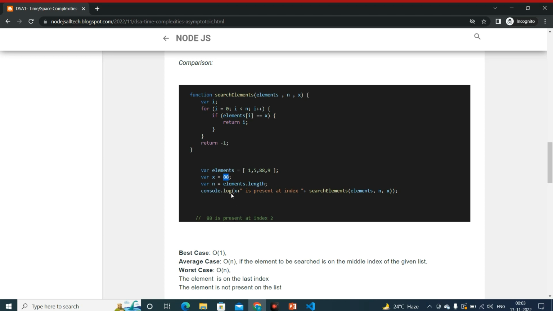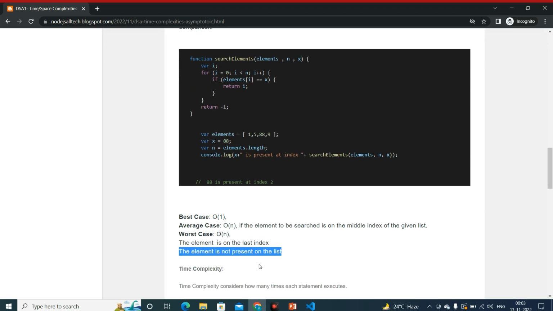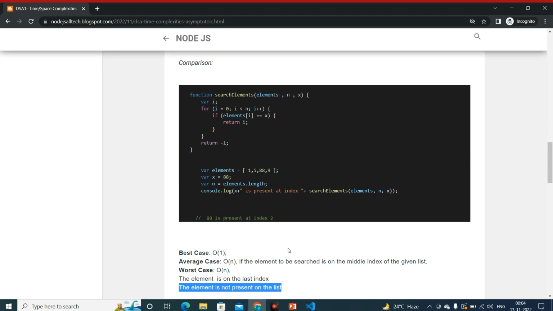That is, our element will be at the last index of the array, or it will not be present in the array. In both conditions we get the worst case scenario, that is an upper boundary. Hence it is called big O notation.